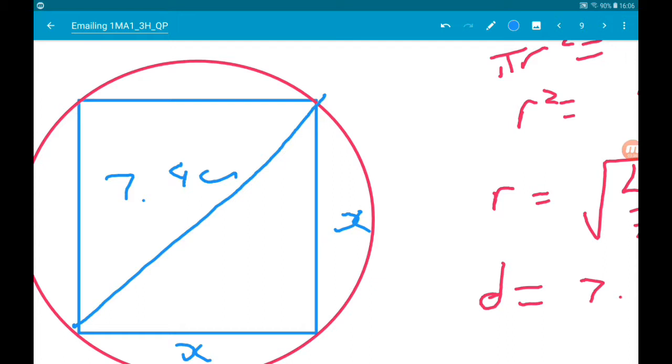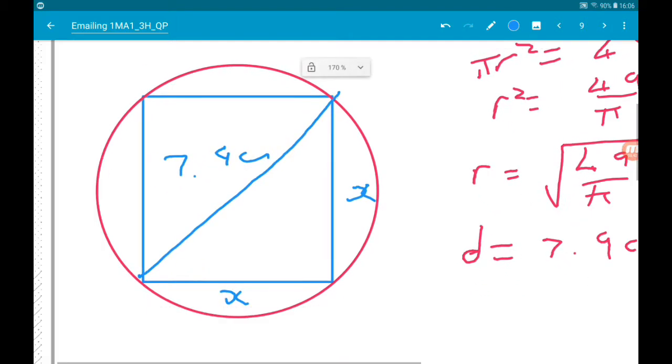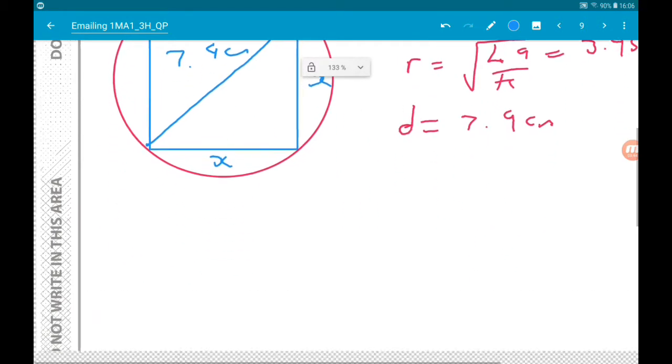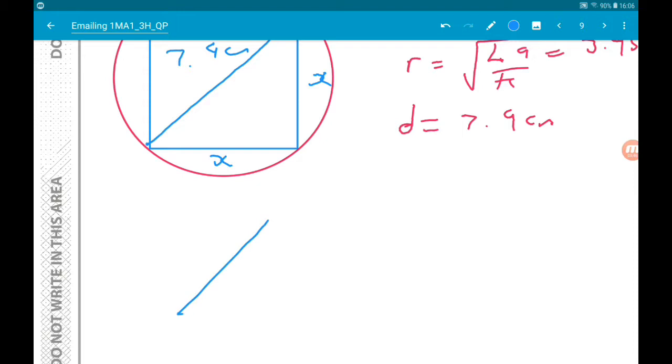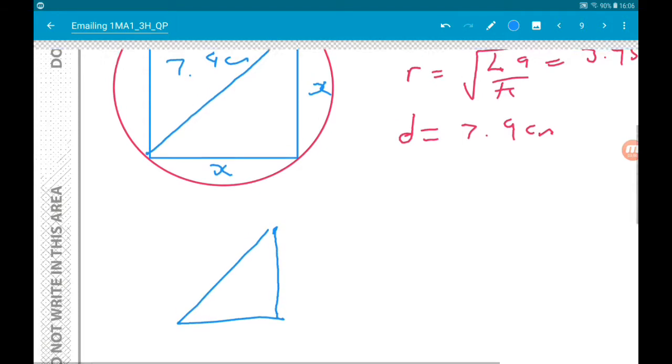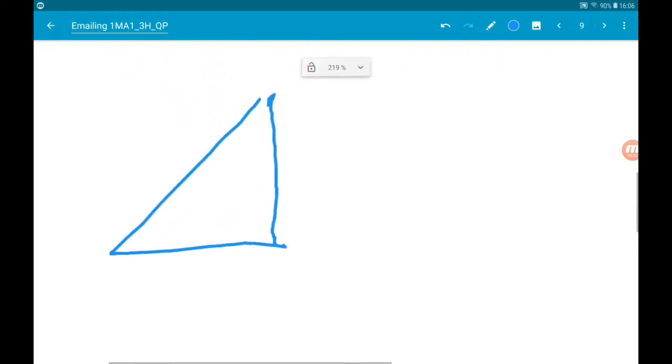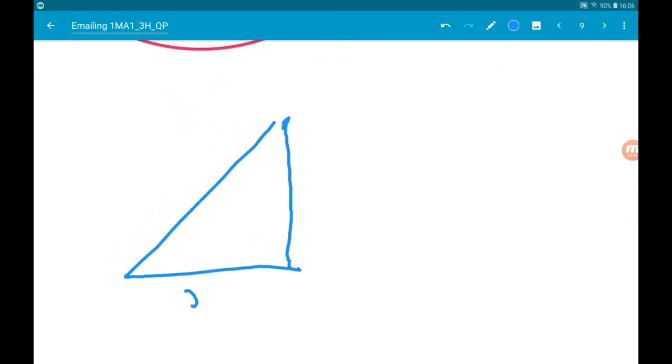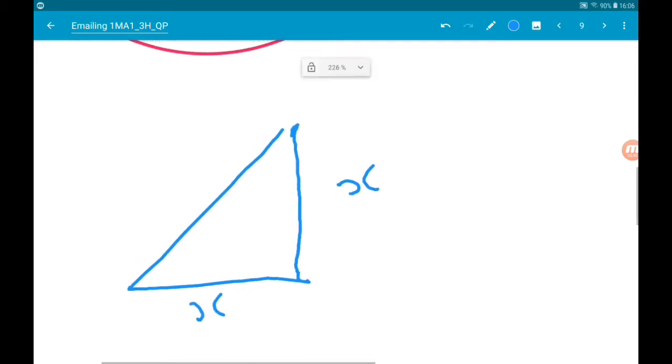Well, by splitting the square like that, we've made two right-angled triangles. So, let's make a sketch. So we now have a right-angled triangle with both shorter sides being x and the longer side being 7.9.